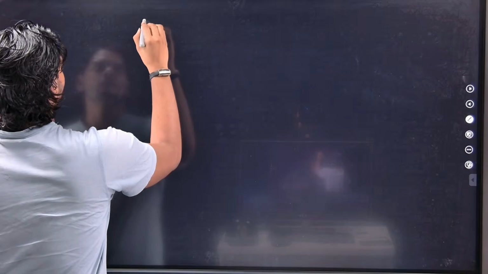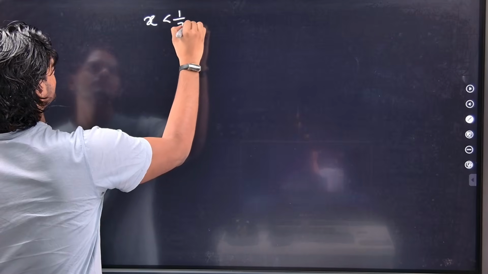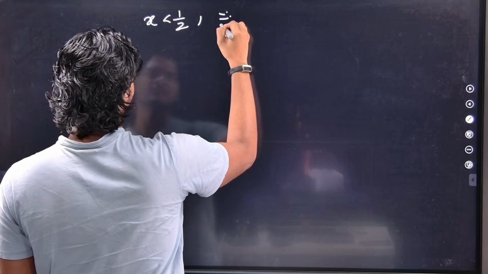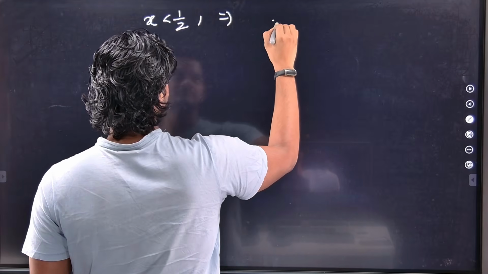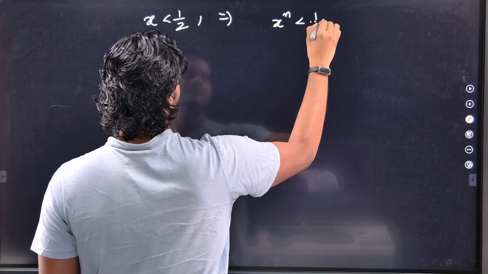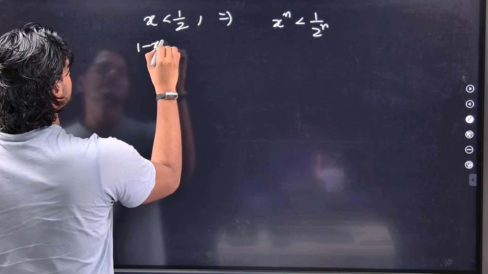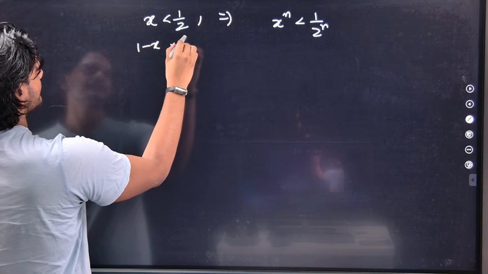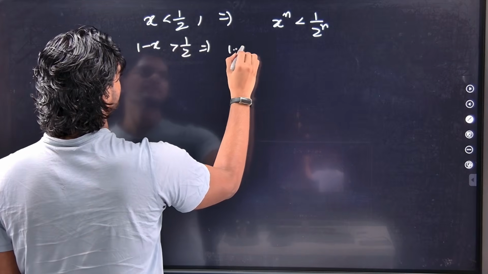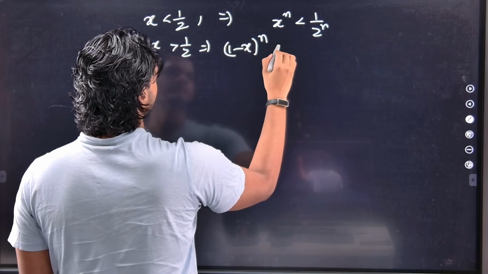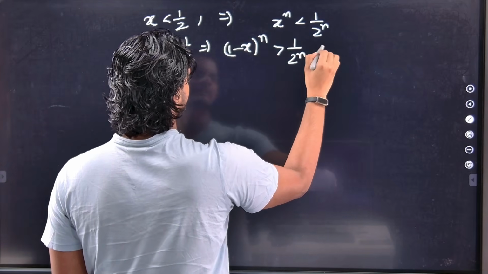So what happens when x is less than 1 by 2? x is less than 1 by 2 implies x power n is less than 1 by 2 power n. And 1 minus x will be greater than 1 by 2. That means 1 minus x whole power n will be greater than 1 by 2 power n.